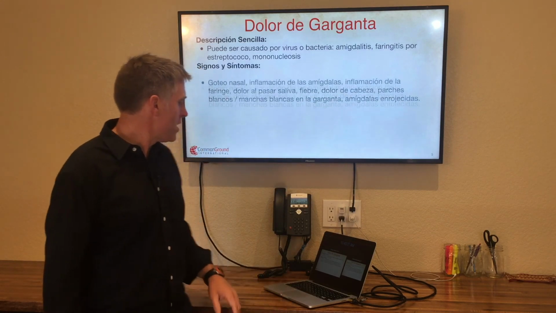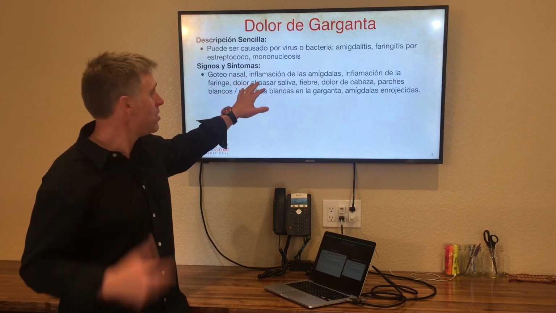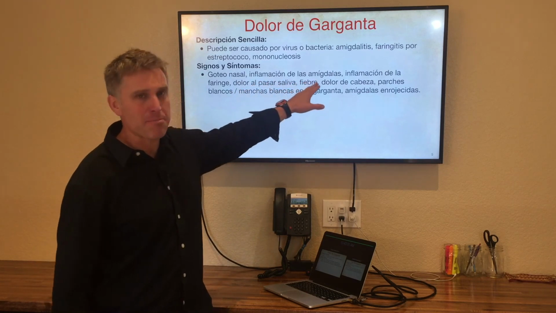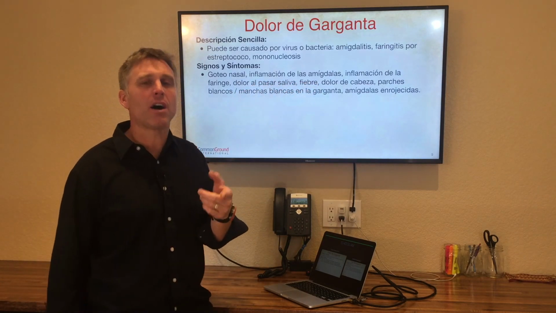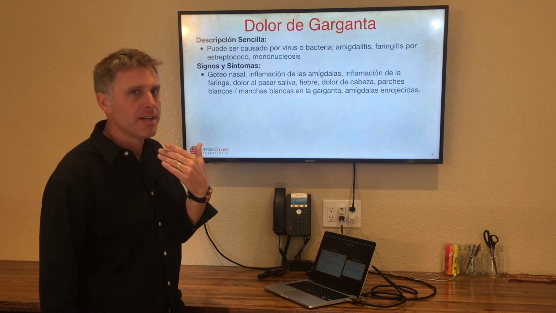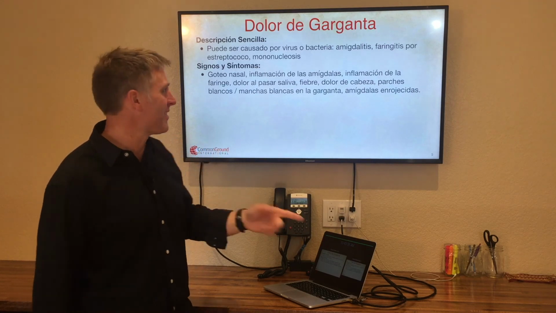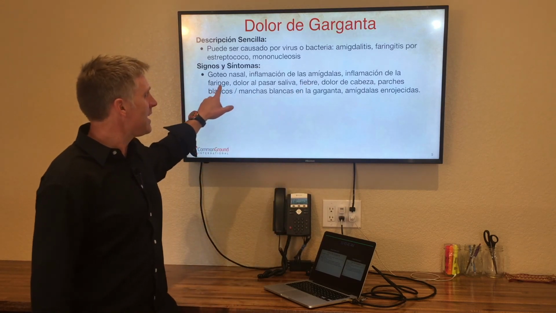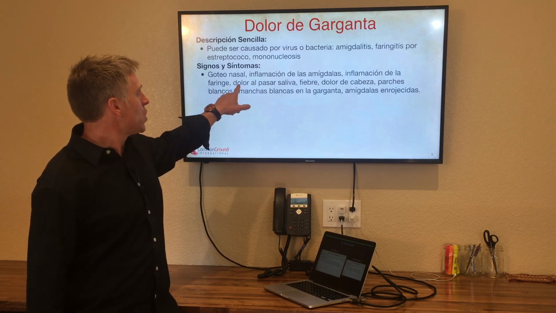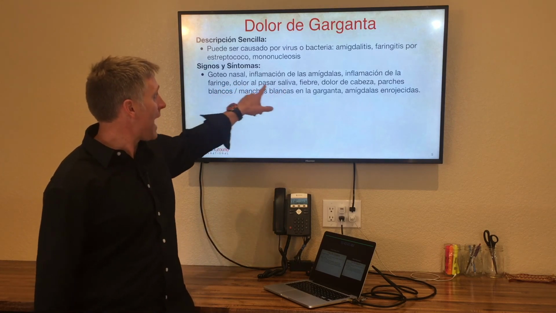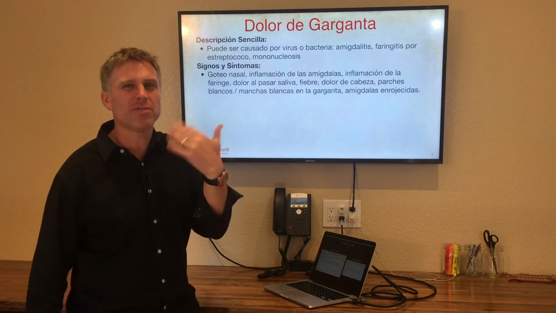Signos y síntomas. So, goteo nasal, runny nose, inflamación de las amígdalas. So, your amígdalas are your tonsils, okay? It's not a part of your brain, they're your tonsils. Inflamación de la faringe, dolor al pasar saliva, so painful swallowing.